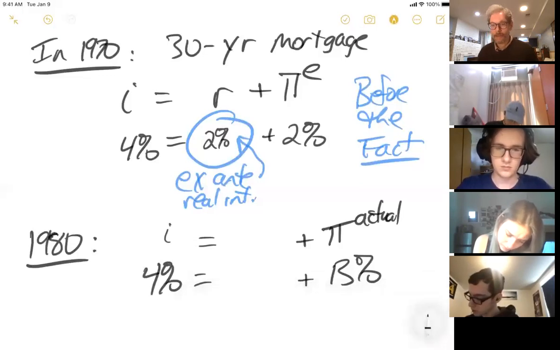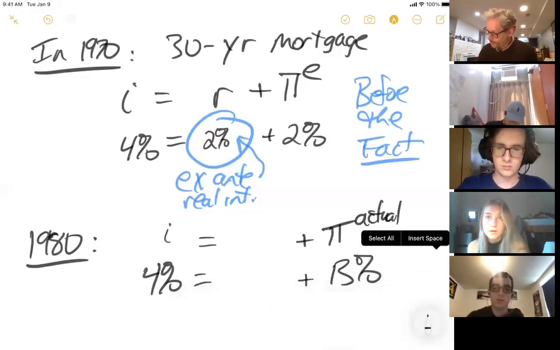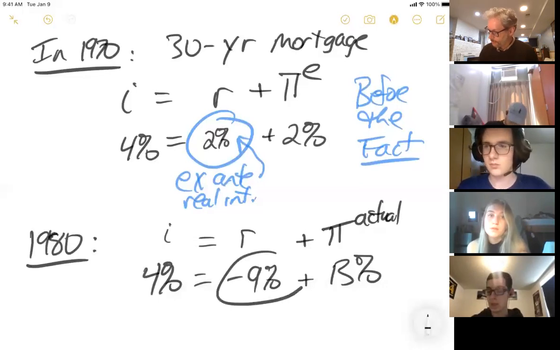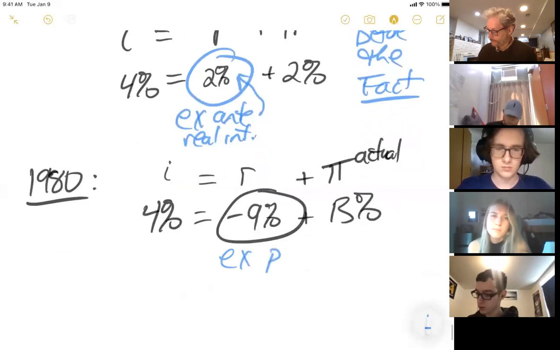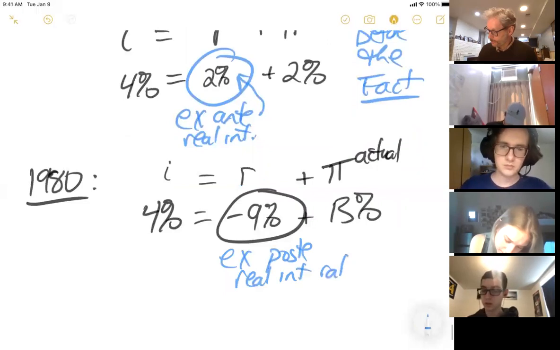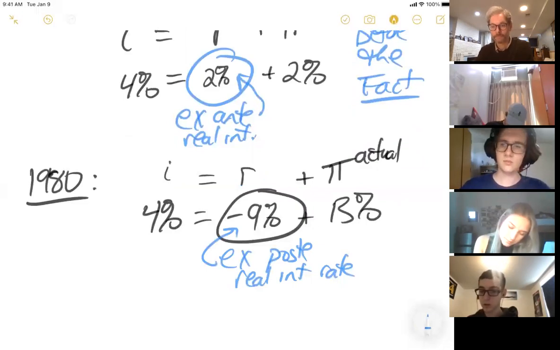What does that mean about the actual return that the bank was getting on lending my parents money? What was their actual return? Negative 9%. In other words, their ex post real interest rate was negative 9%.